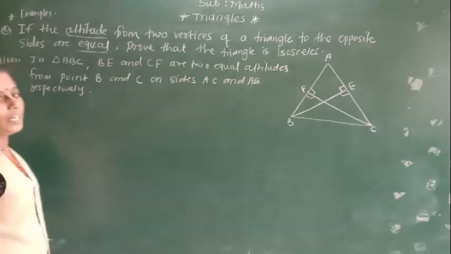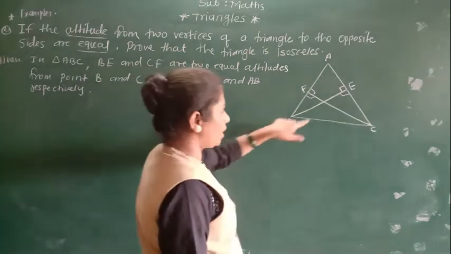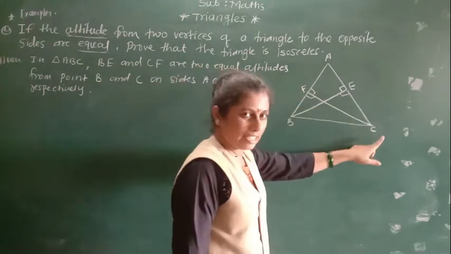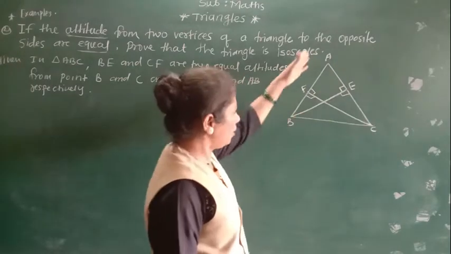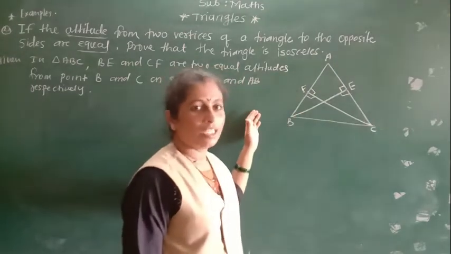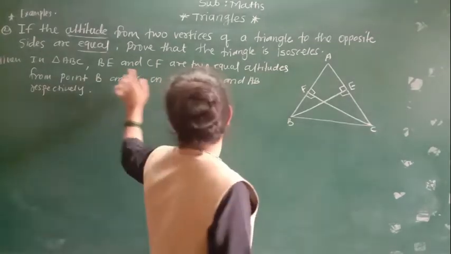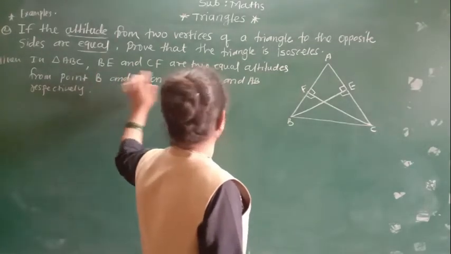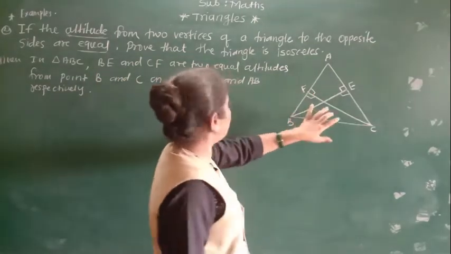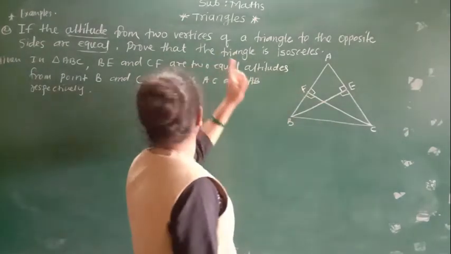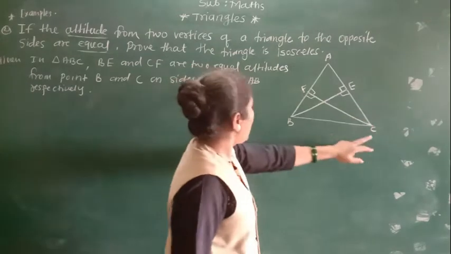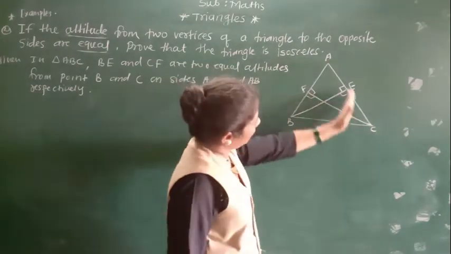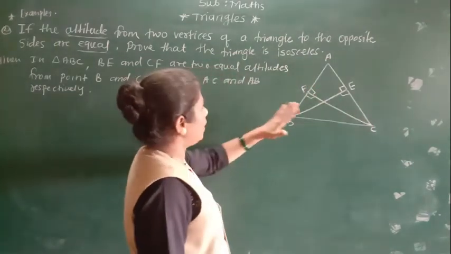We can write it in our own language, right? So BE is the altitude on side AC, and CF is the altitude drawn from point C on AB. This kind of statement will also be okay. So here it is given: triangle ABC in which BE and CF are the two equal altitudes from points B and C on sides AC and AB respectively.